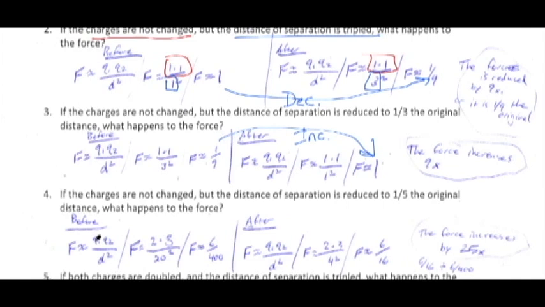All right, take a look at number 4 here. If the charges are not changed, but the distance of separation is reduced to 1/5 the original distance, what happens to the force? In this case, I just picked some numbers other than 1 just to show that it is perfectly possible to pick other numbers, but you could absolutely go with 1, 1, 5, and then change it over here to 1, 1, and 1, because it's very easy to cut 5 into 1/5.